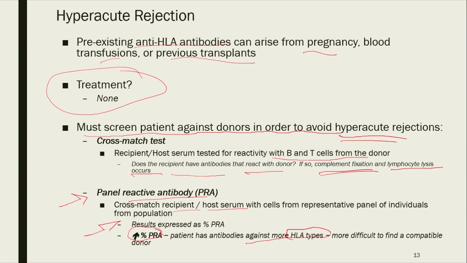So this type of panel contains many different types of HLA. So really you're looking at that serum. Okay, so here for example we have 1, 2, 3, 4, and then you have the serum containing antibody. The more binding it can generate indicates it can act against more HLA, and that means it's more difficult to find a compatible donor. Okay, so the higher the number, the worse. Okay, the more difficult.